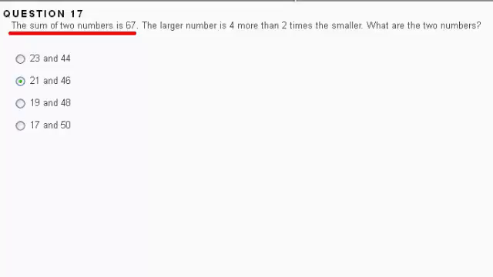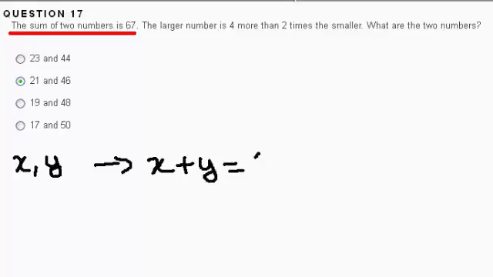So let's say x and y. And we're told that the sum of the two numbers is 67. So what that means is that if you were to take x and add it to y, the sum would be equal to 67. So that's the first part of the question.